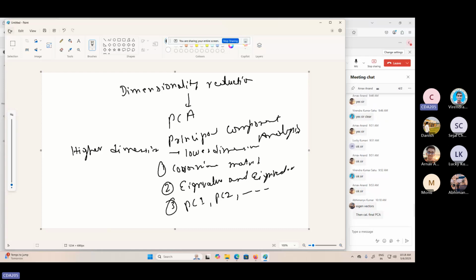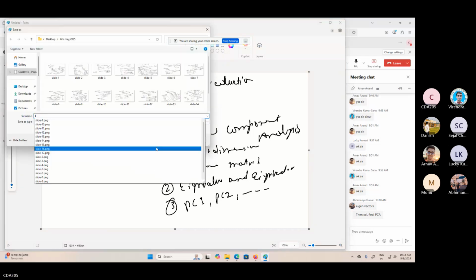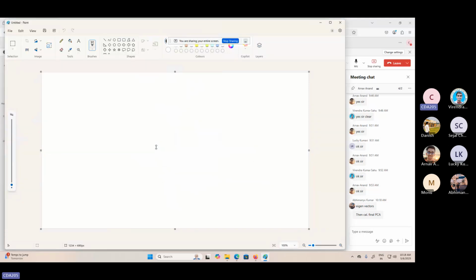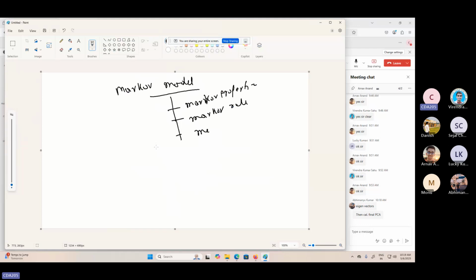After that, we studied the Markov model. In the Markov model, we have seen three things: Markov property, Markov rule, and Markov chain.